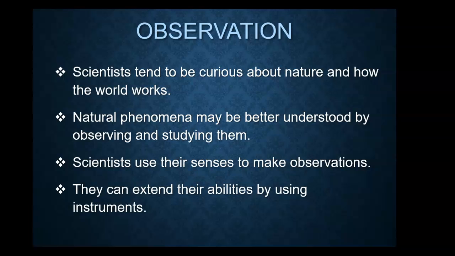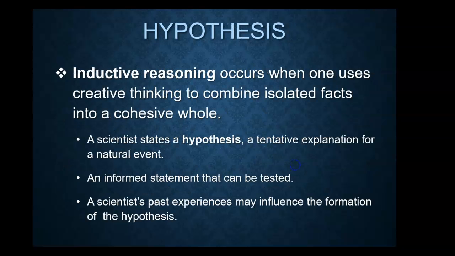For example, when the microscope was developed, that allows us to see structures that we definitely could not see with the naked eye. So we use instruments to help further our observations.